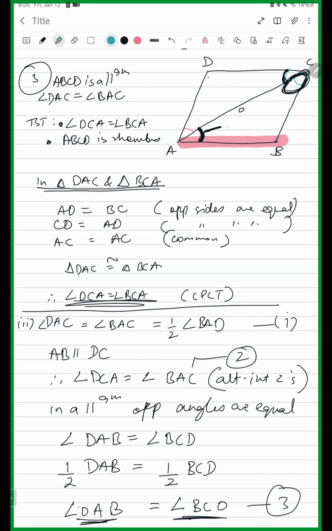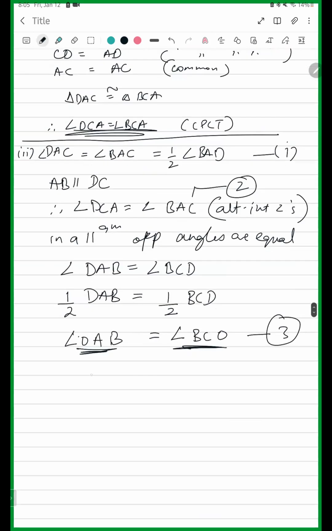Now, since these two angles are equal, just take a look at this triangle. This is a triangle in which two angles are equal. What kind of triangle has two equal angles? It is an isosceles triangle, right? And we know that if in a triangle two angles are equal, then their opposite sides are also equal to each other. So that means this side will be equal to this side.